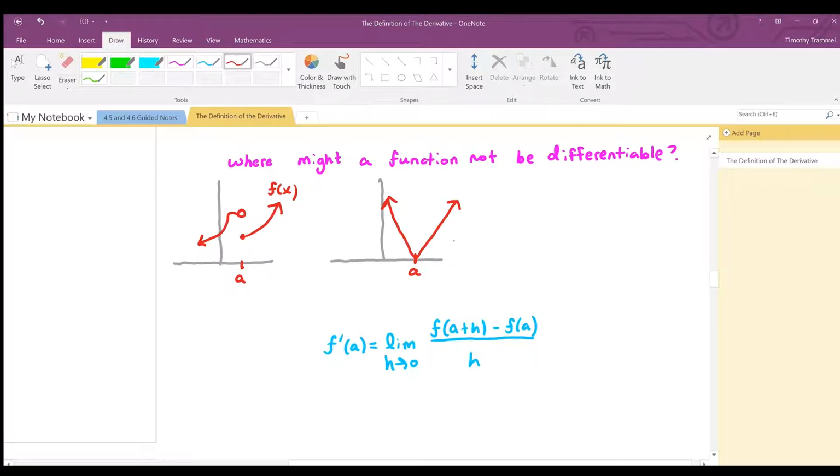And again, you can see if we were just trying to take the limit of f of x as x approaches a, the slopes of these two lines are different. The one on the left is going to have a negative slope. The one on the right has a positive slope. So again, we don't expect this limit down here to exist. And then one more.